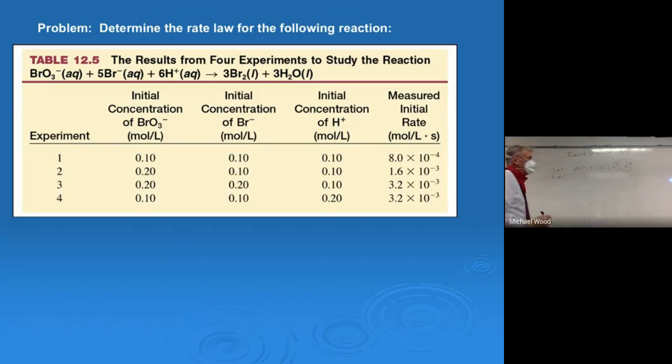Okay, now I'm going to do the same thing for experiment 1. So I've got 8.0 times 10 to the negative 4 equals k times 0.10 to the x, 0.10 to the y, 0.10 to the z.